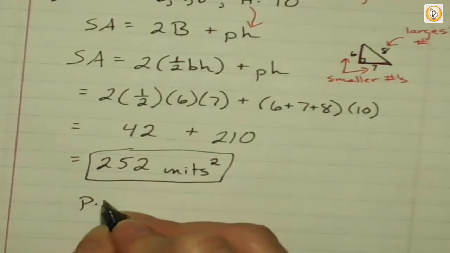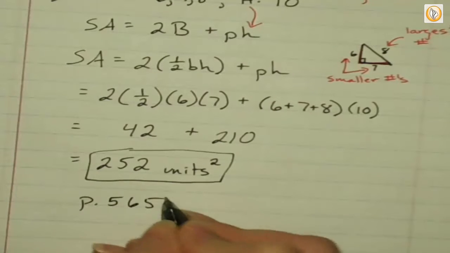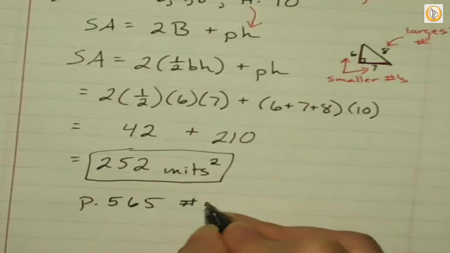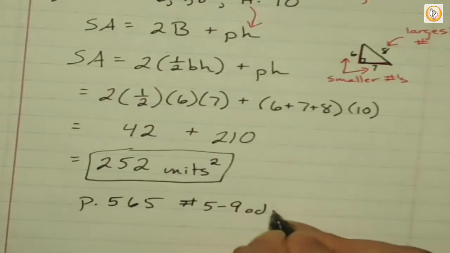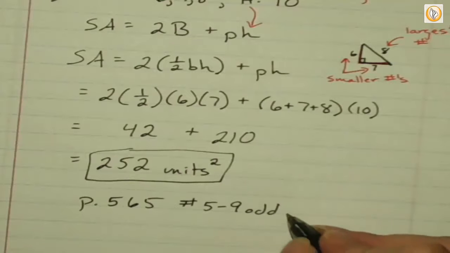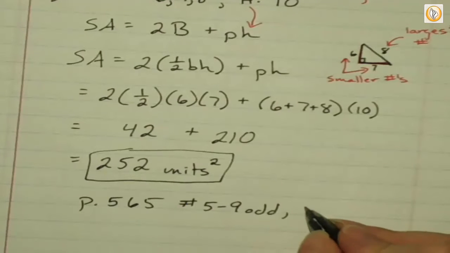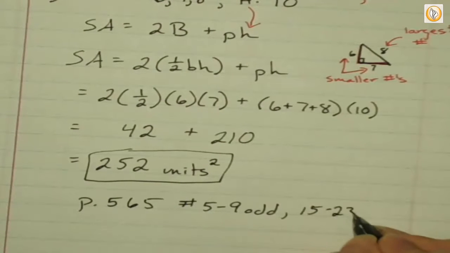All right, you're going to be doing page 565, numbers 5 through 9 odd, and then 15 through 23 odd.